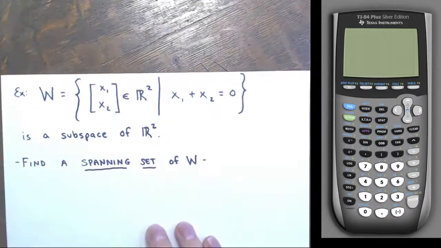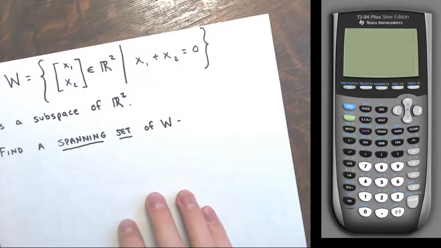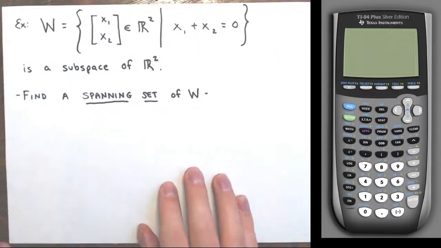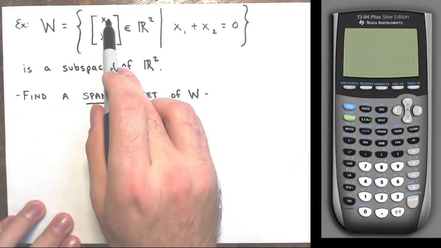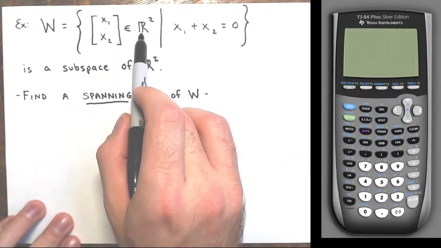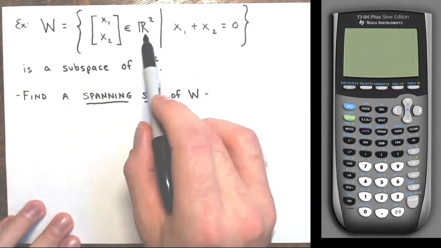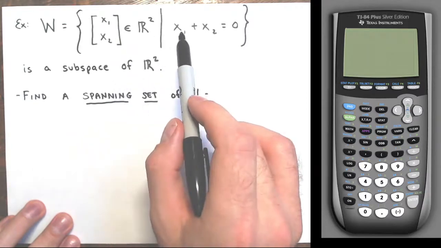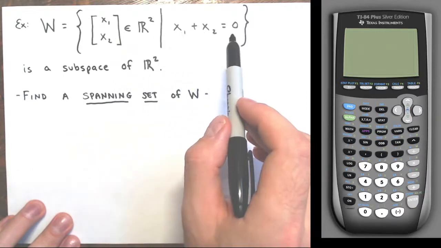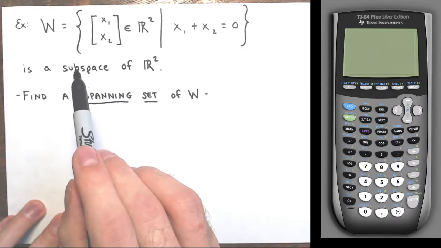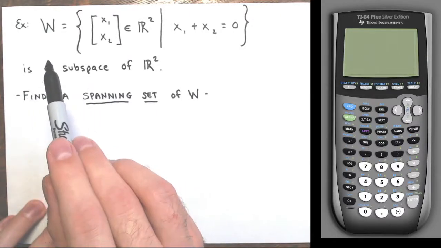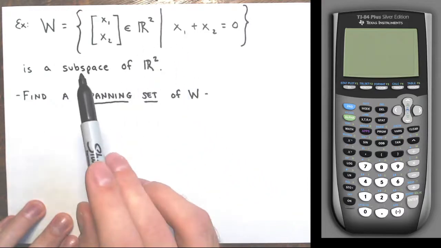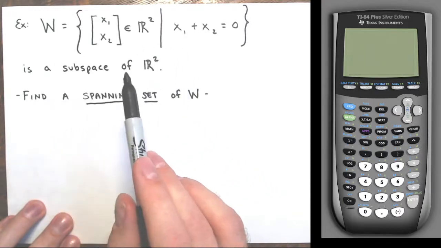All right. So here, we've got the set W made up of vectors x1, x2 belonging to R2, such that the sum of the two components is 0. Right? You can show this yourself if you want. I'm not going to show it here, but this set of vectors is a subspace of R2.